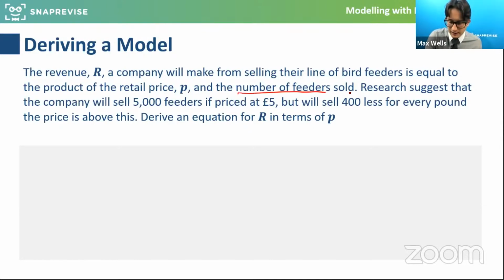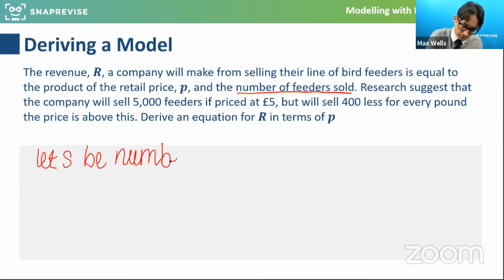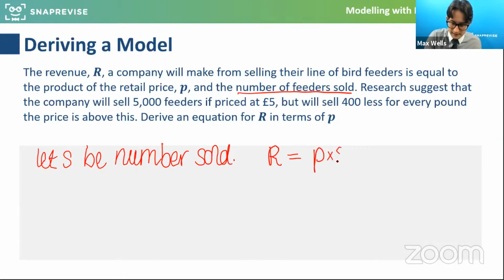They haven't given us a letter for that, but maybe we could introduce one. So let's let S be the number sold for now, because we don't really want to introduce another variable, but we can deal with that in a minute. So hopefully we're happy that R is equal to P times S.